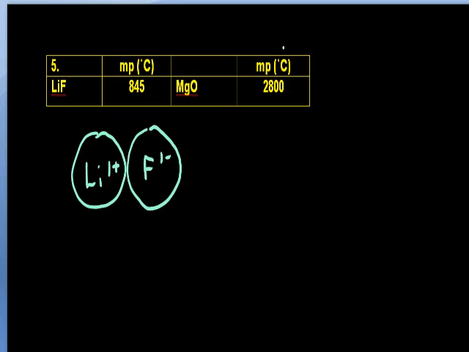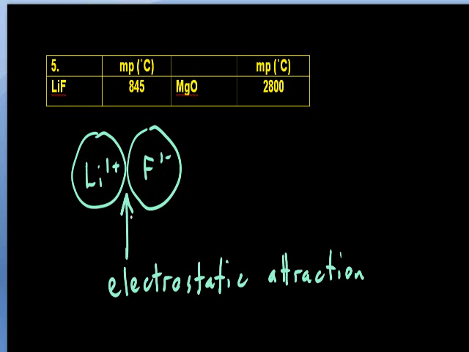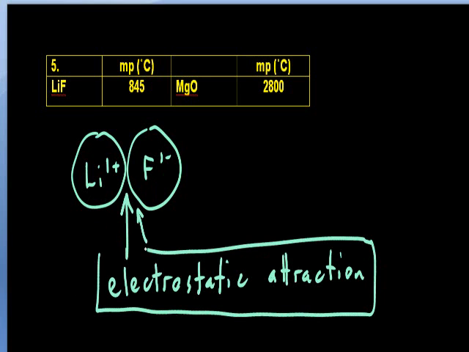Now, one thing to consider in ionic compounds: there's no sharing of electrons. In lithium fluoride, the fluoride has actually swiped an electron from the lithium and become a -1 ion. The lithium, having lost an electron, is now a positively charged 1+ ion. What now exists between the ions is a very strong electrostatic attraction between the +1 and -1 ions.